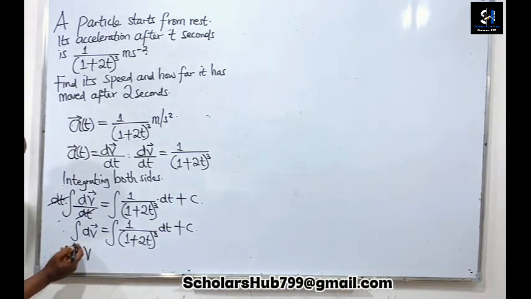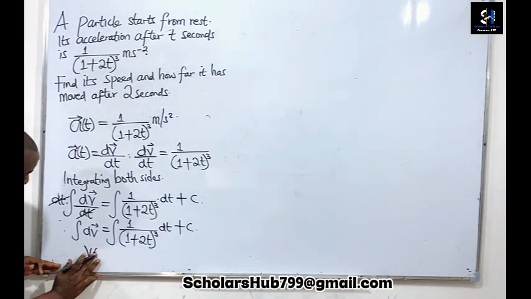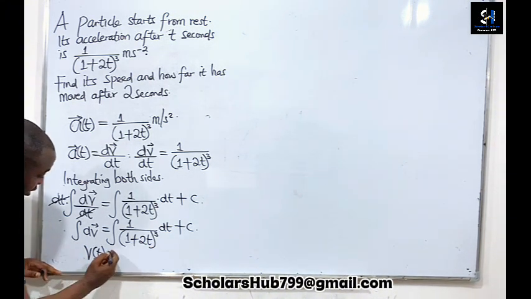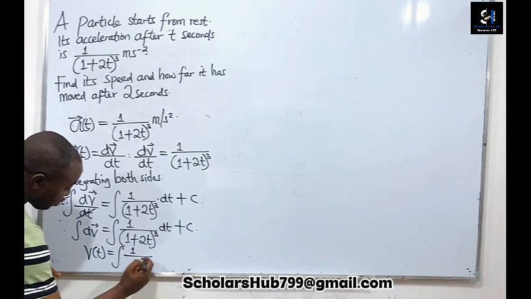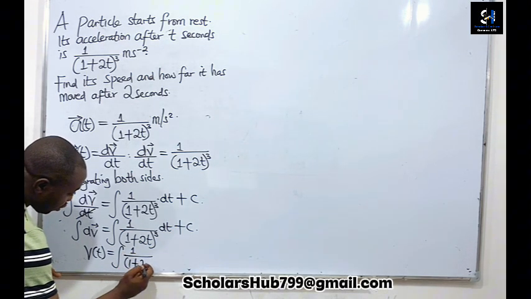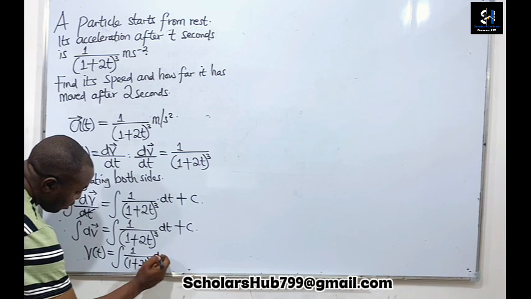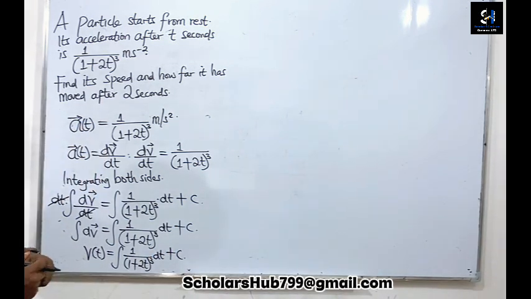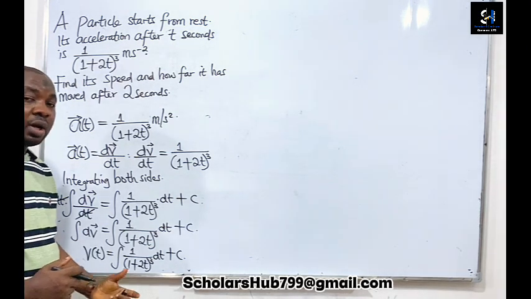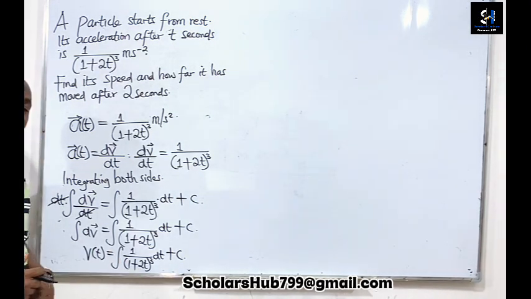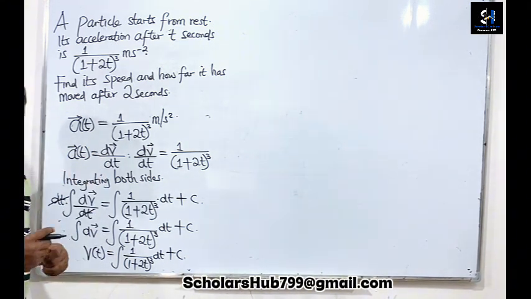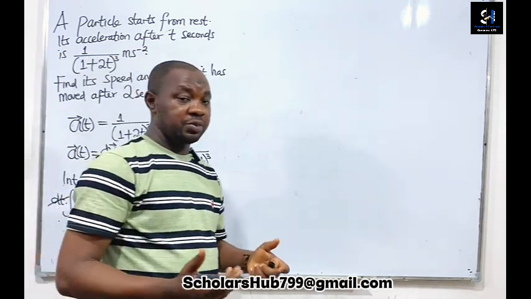We want to derive the equation for the velocity function, so I'm going to write this as velocity as a function of time, and that will be equal to the integral of 1 over (1 + 2t)^3 with respect to t plus the constant of integration. Now, to integrate 1 over (1 + 2t)^3 with respect to t, I'm going to use integration by substitution.